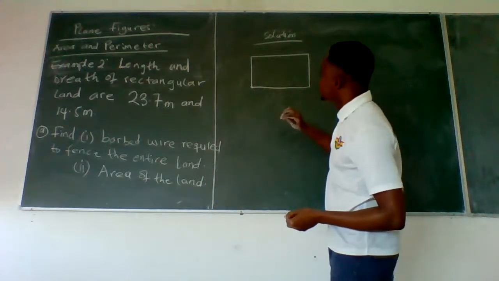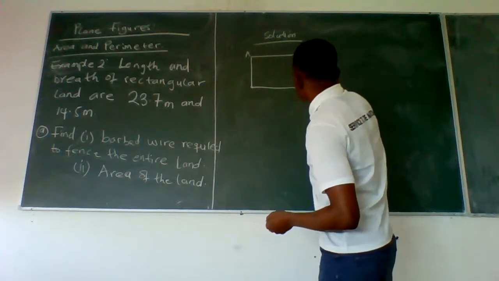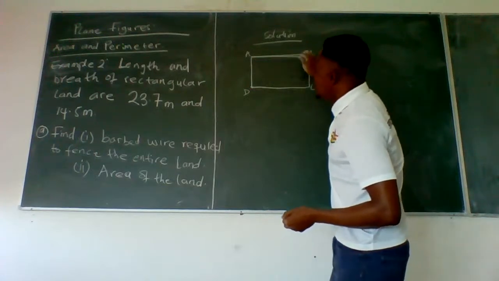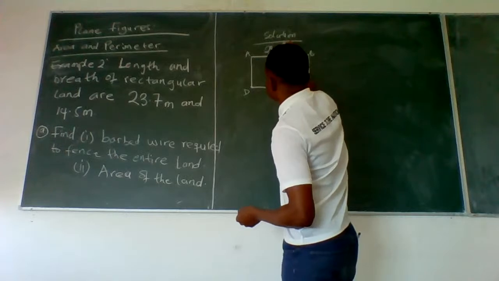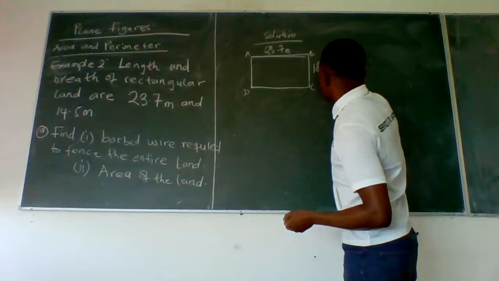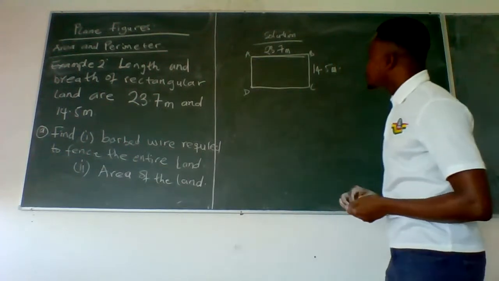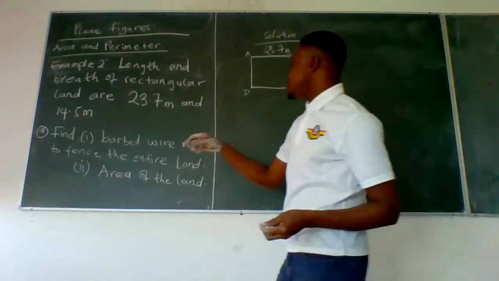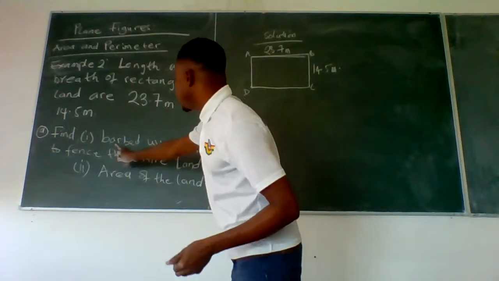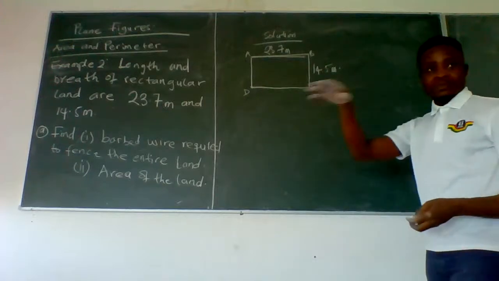So this is the field, with points A, B, C, and D. The length is 23.7 meters, right? And the width is 14.5 meters. So this is your field. And the question is, estimate the barbed wire required to fence the entire field.